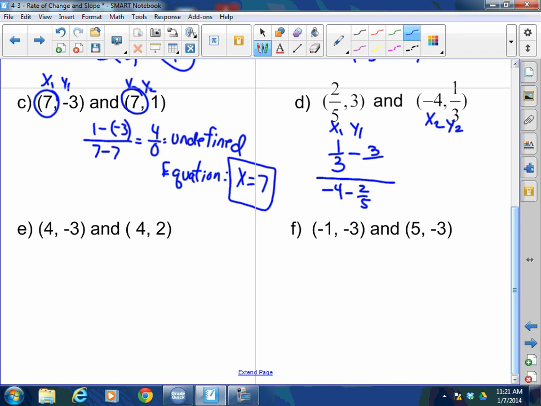So this becomes a 3, this goes to 9. So that's negative 8/3 over, this denominator goes to 5, so that goes to negative 20. So that's negative 22/5. Please get that far with me right now, because I want to make sure you know how to do this like masters.